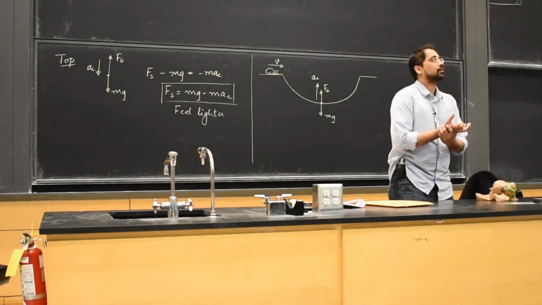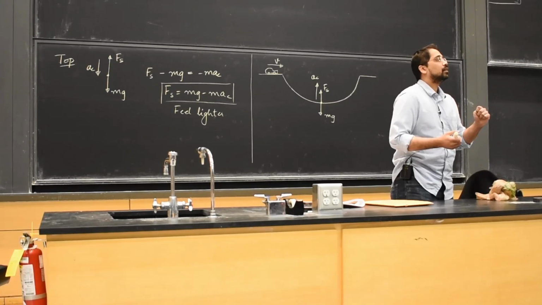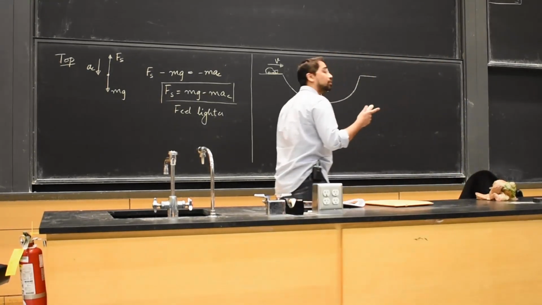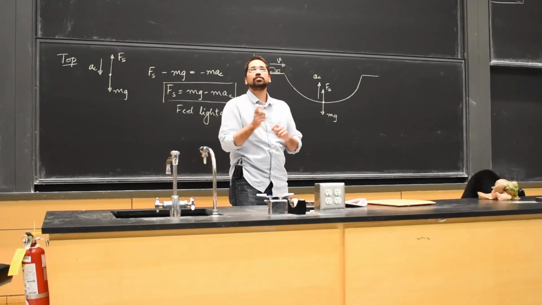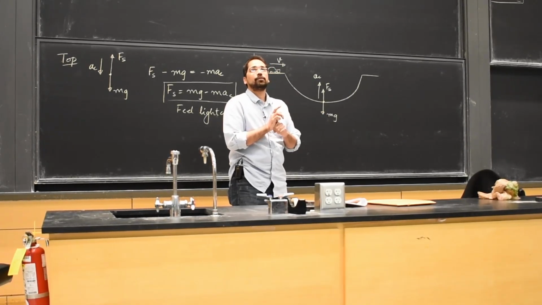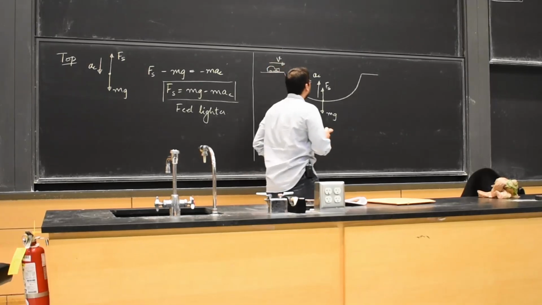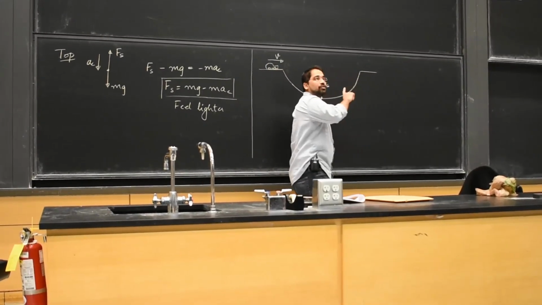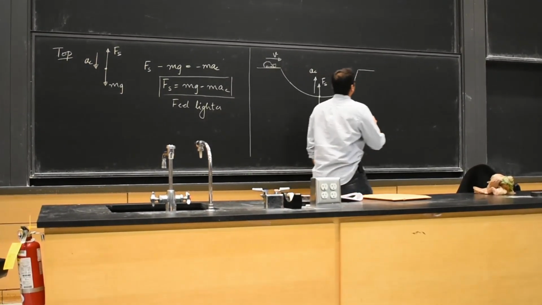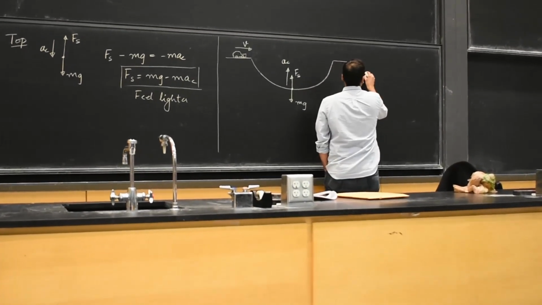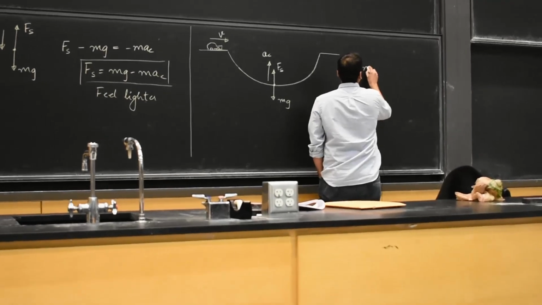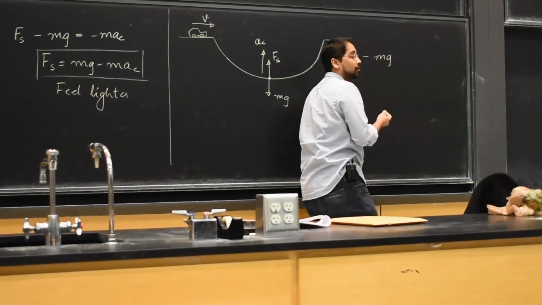Anyone? Yes. Heavier. So we have one prediction, and he says I should feel heavier. Anyone who disagrees? Okay, let's work it out. If I consider upwards to be positive, then the sum of forces is Fs minus mg.